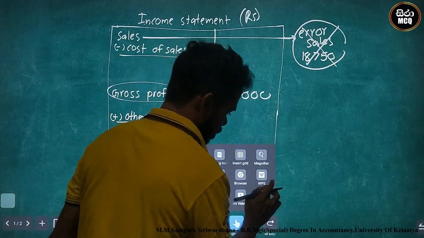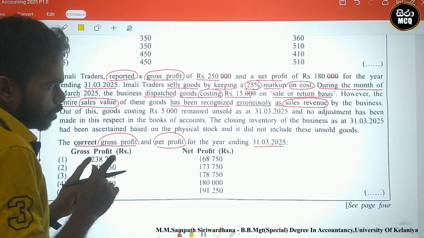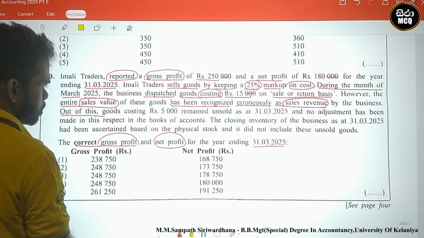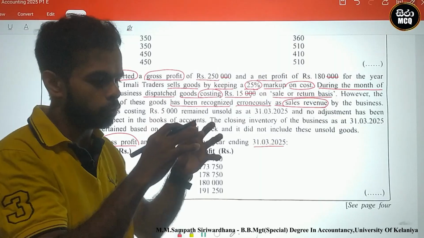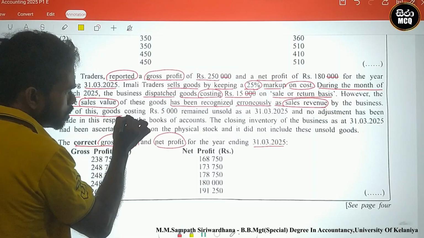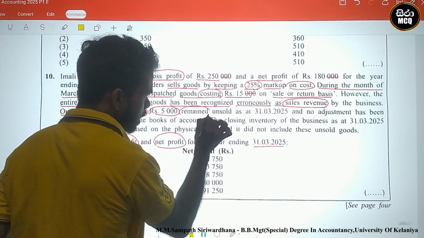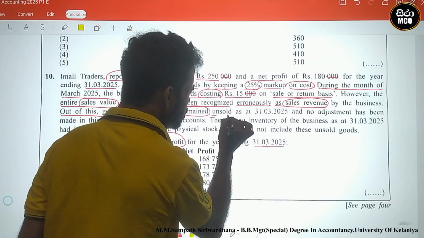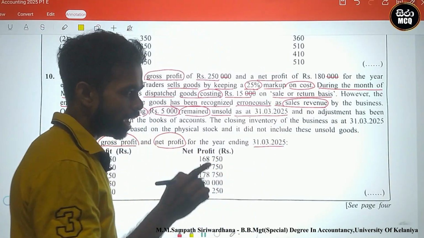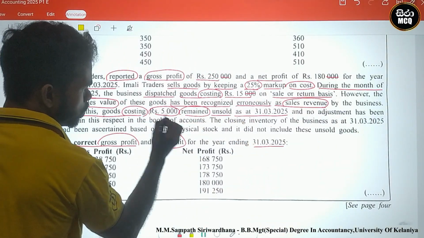Let's see the question. Revenue was already identified as sales revenue by the business. Out of these goods, goods costing 5,000 remained unsold as at 31st March 2025, and no adjustment has been made in this respect in the books of accounts.